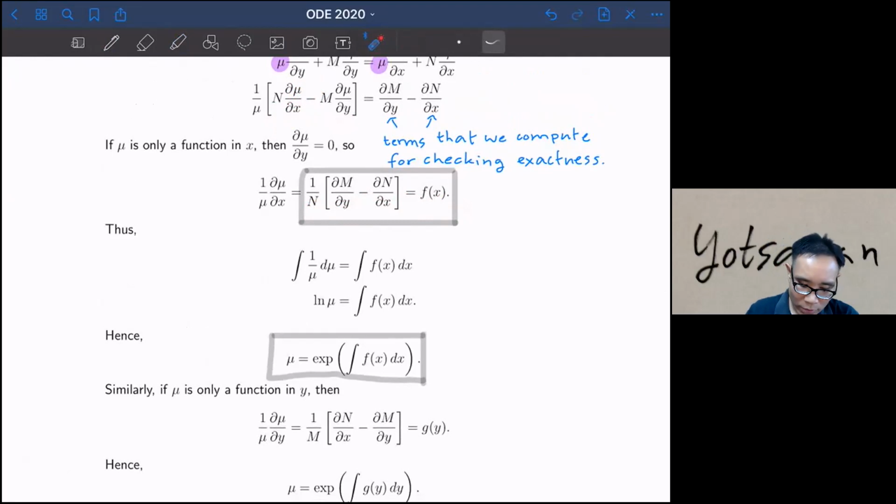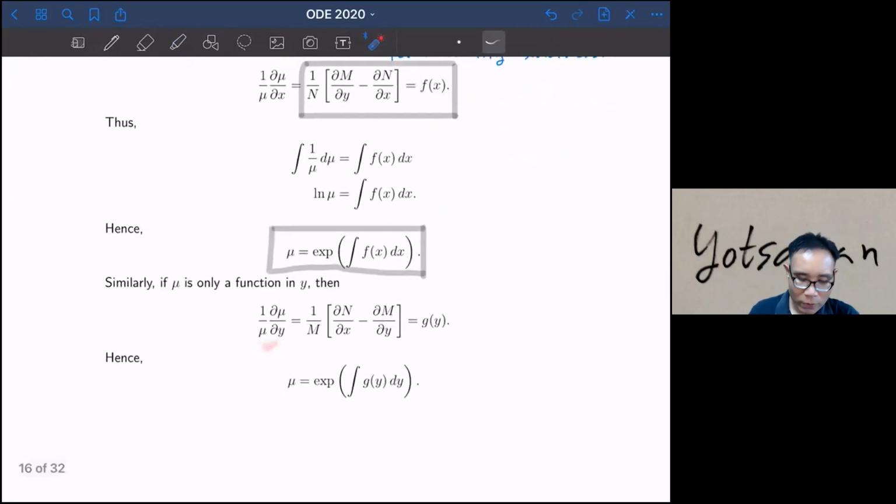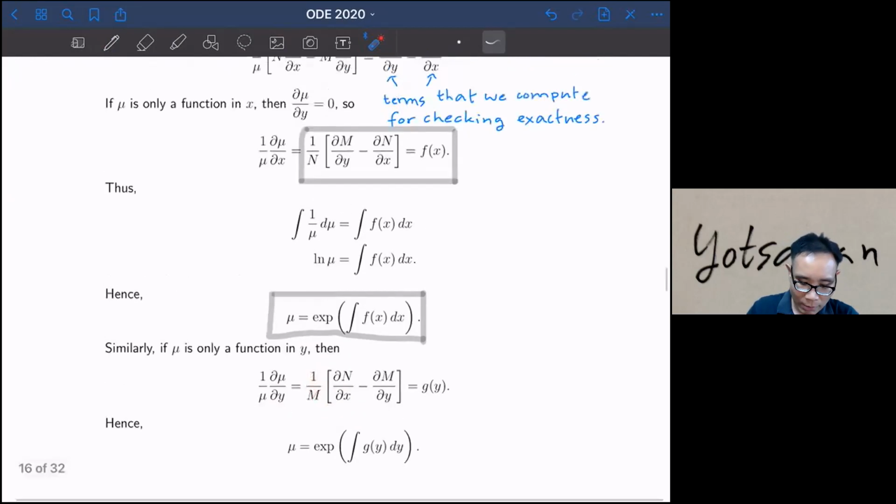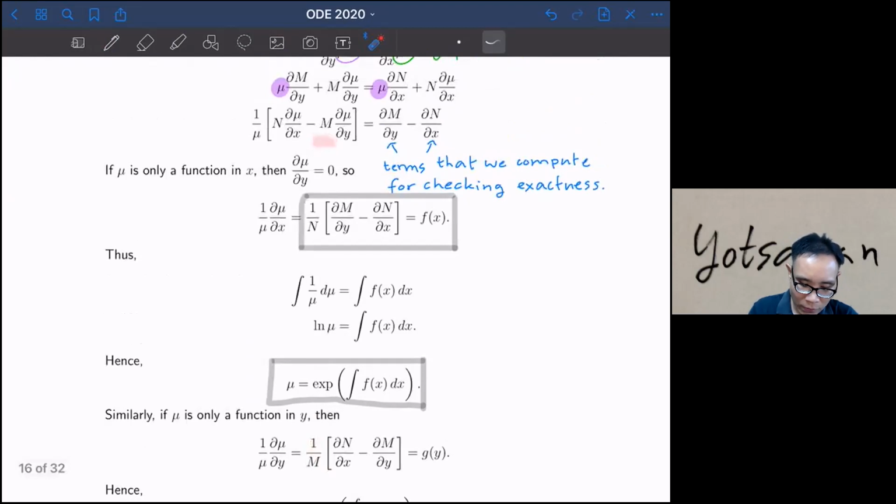So it's going to be 1 over mu, d mu/dy equal to 1 over M. It comes from this term 1 over M, and you have the minus sign here. The minus sign will interchange the order. When you divide the whole thing by the minus sign, this one comes first and this one comes second.